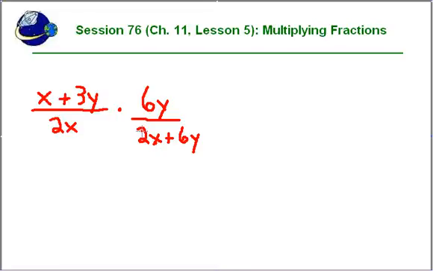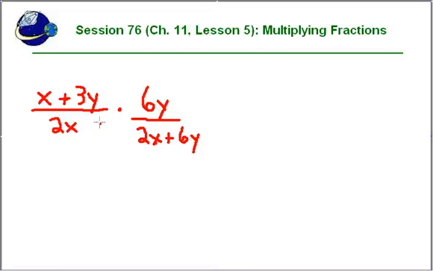And the same is true when you use algebraic fractions. Oftentimes it's helpful to factor out common factors ahead of time and cancel those out, so then you're multiplying smaller quantities together. Sometimes it's more manageable that way.